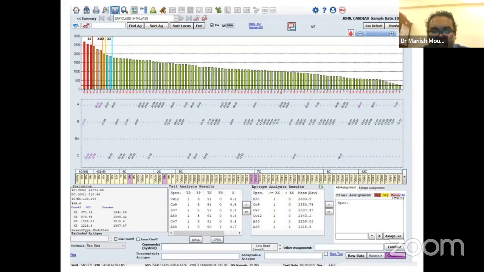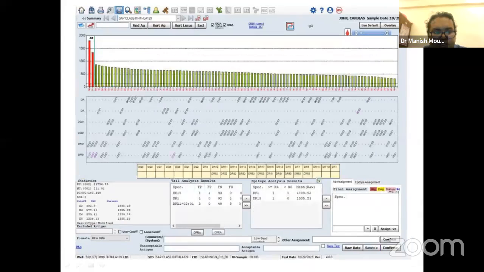How the interpretation is done, how the tail analysis is done, how the epitope analysis is done. All this analysis we do in our laboratory before releasing any data. So this is class 1 and this is class 2.